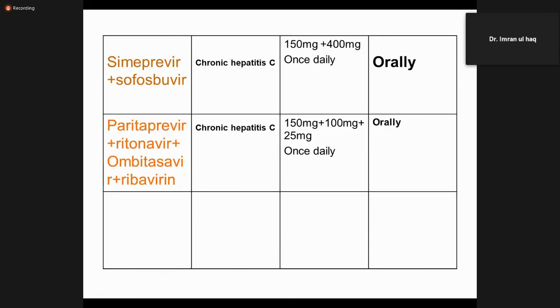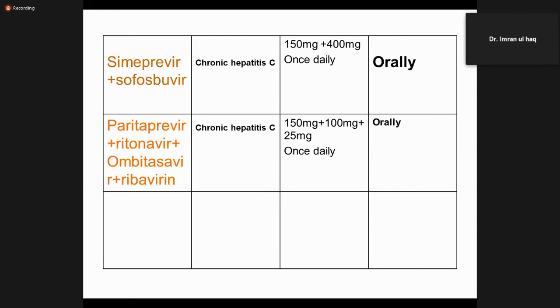Okay, there is another, simeprevir along with sofosbuvir. You can see that sofosbuvir is the most important drug in our current clinical setup in the treatment of hepatitis C, right?